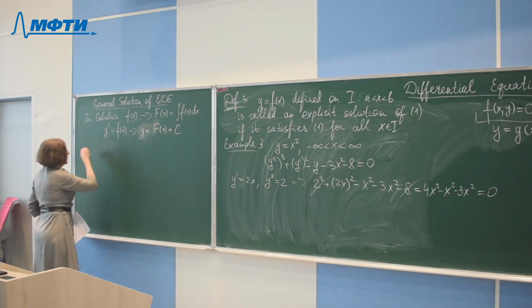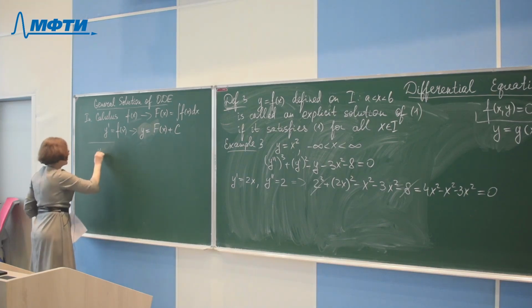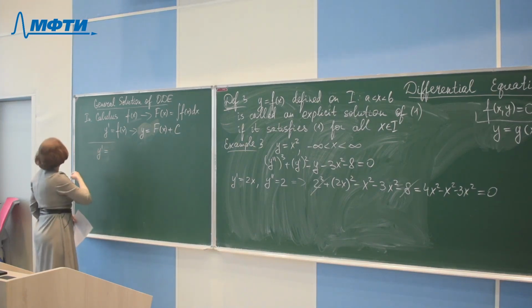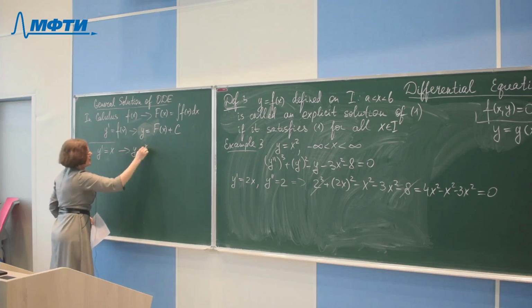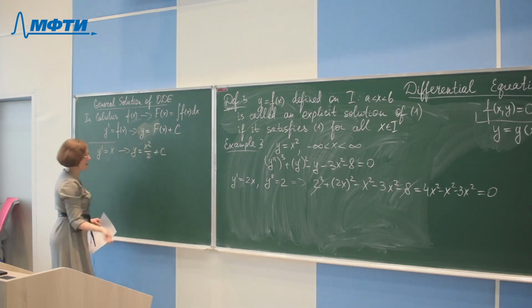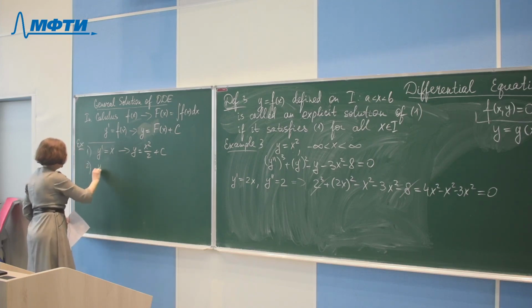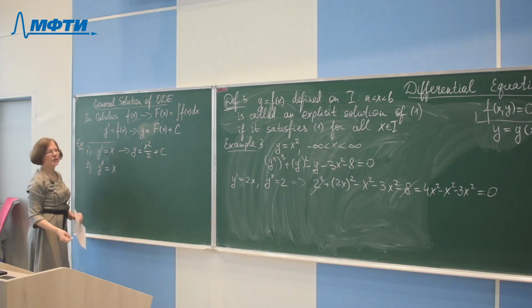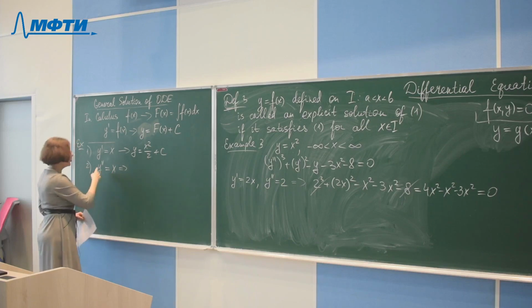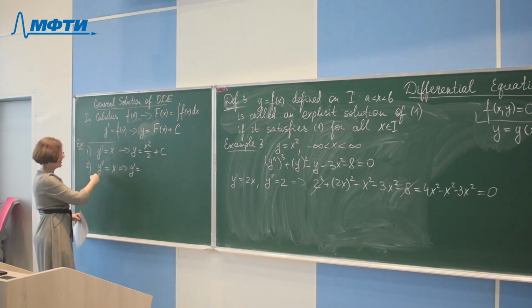If we have a second order differential equation, for example, let's consider an example. So y prime equals, let it be x, right? Then the solution will be x squared over 2 plus c, so one constant. Next, if we consider the second order differential equation, we can find y prime first.